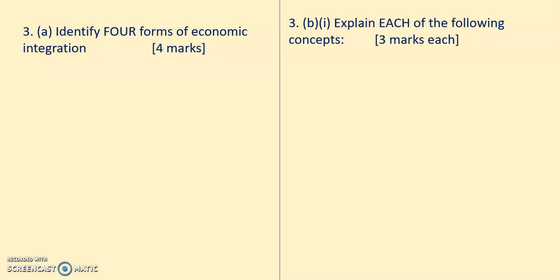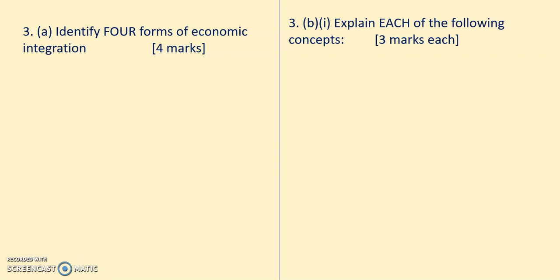The first question that we were asked is to identify 4 forms of economic integration. I know that there are 5 forms of economic integration, so they only want 4. So let's go with those 4.